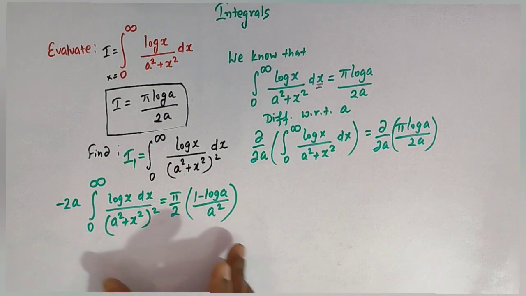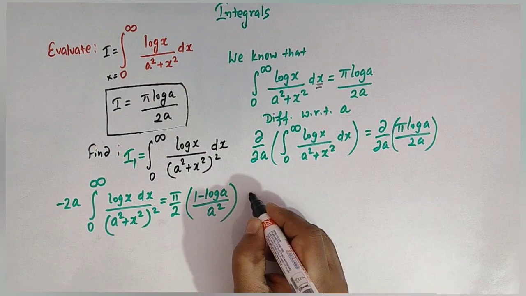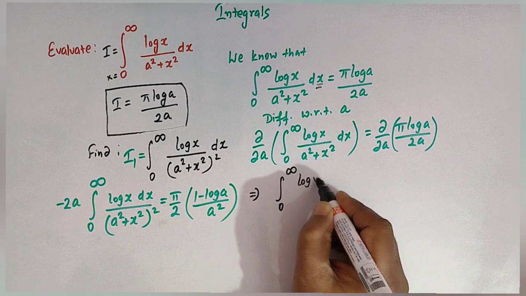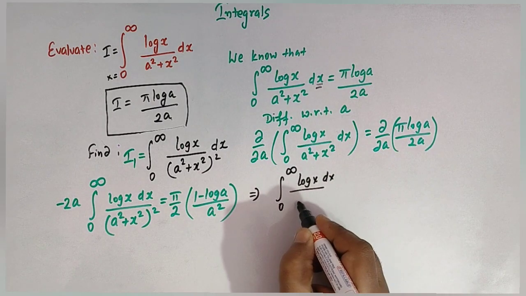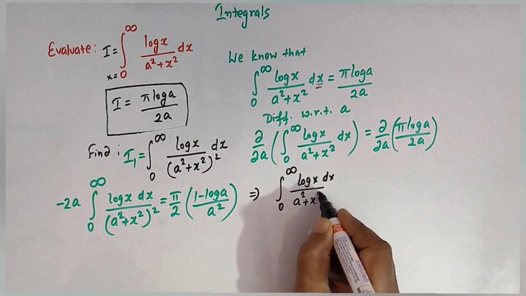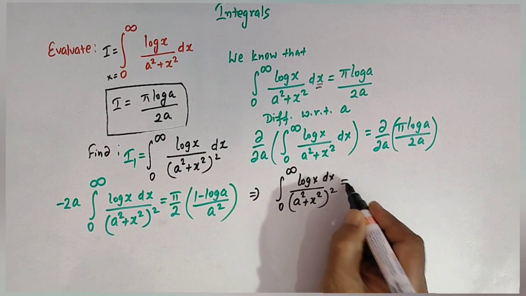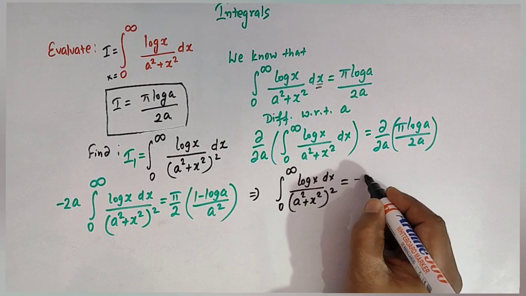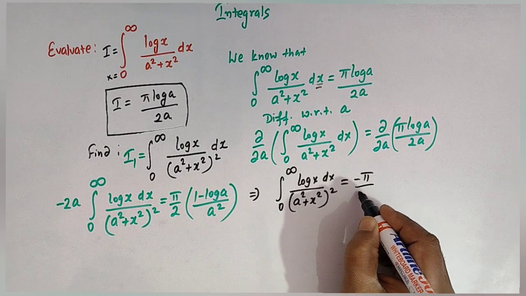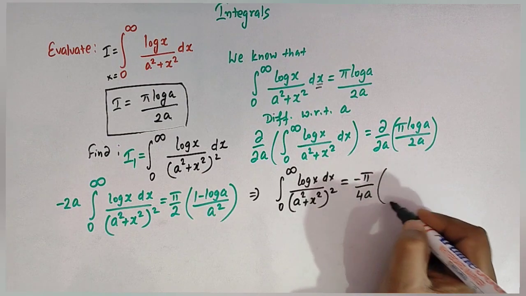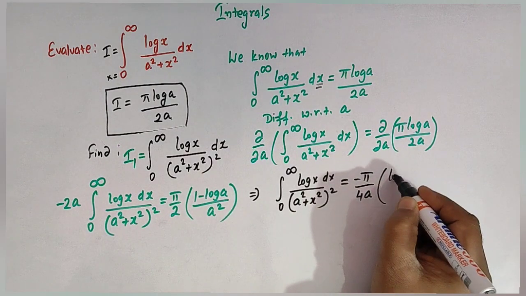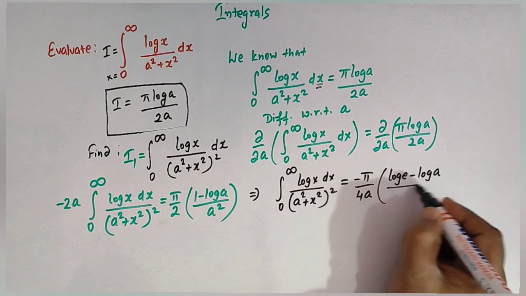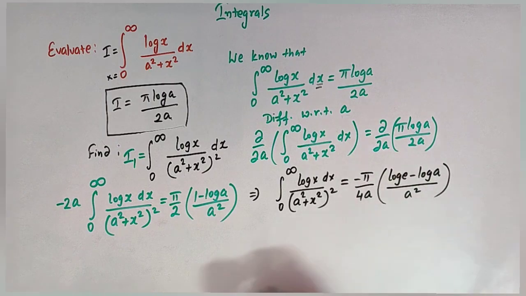So now let us simplify it further. We can now write 0 to infinity log x dx divided by a square plus x square whole square, and we can take this minus 2a to this side, so we have minus pi over 4a, and here 1 can be replaced by log of e minus log of a, divided by a square, right?